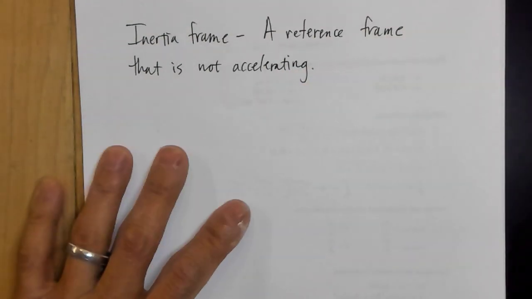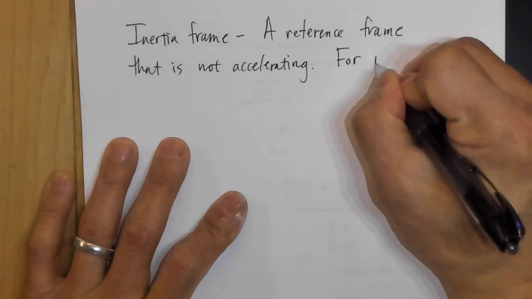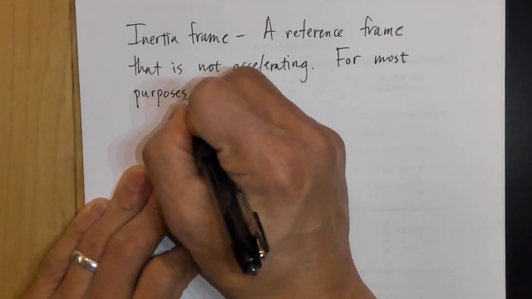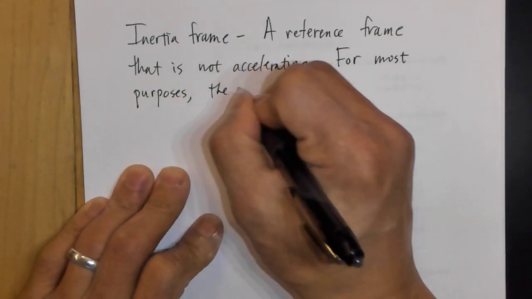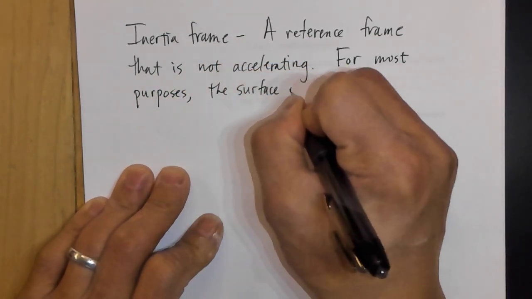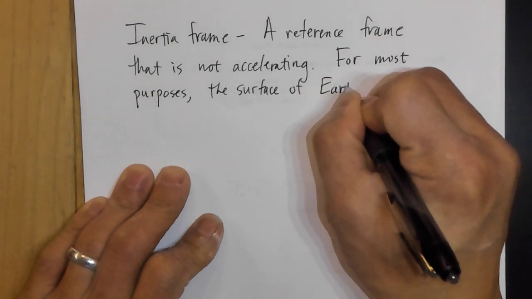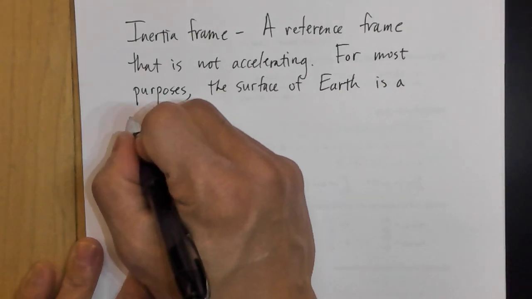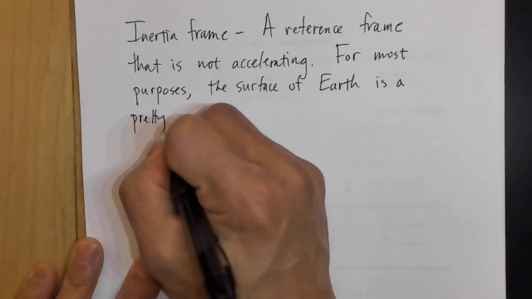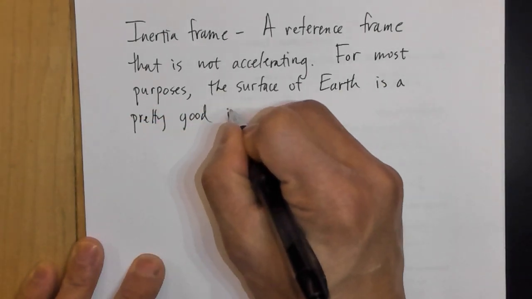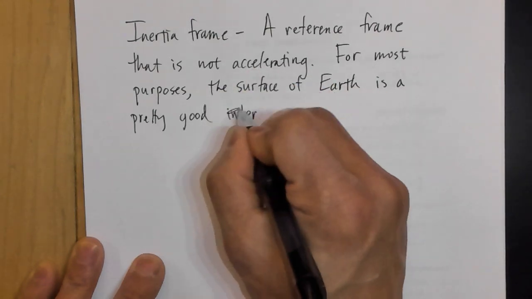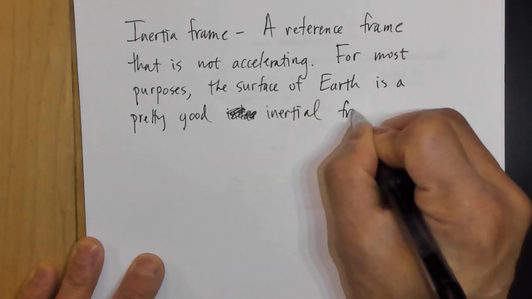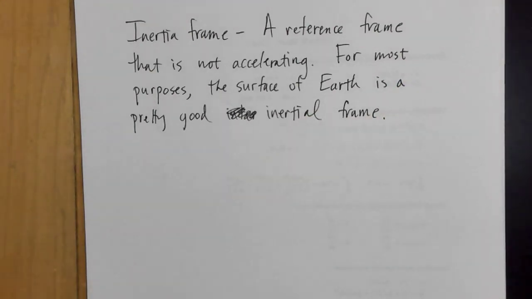So for most purposes, the surface of Earth is a pretty good inertial frame.